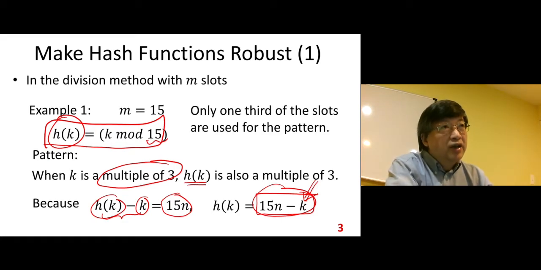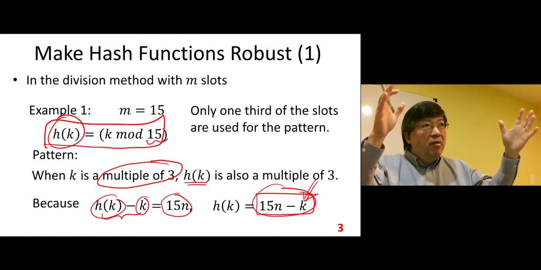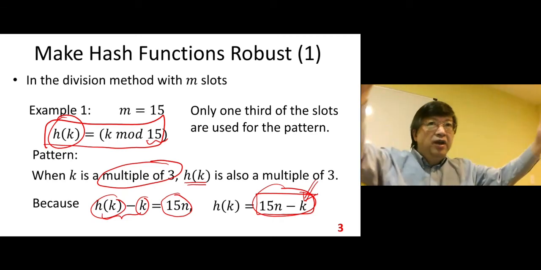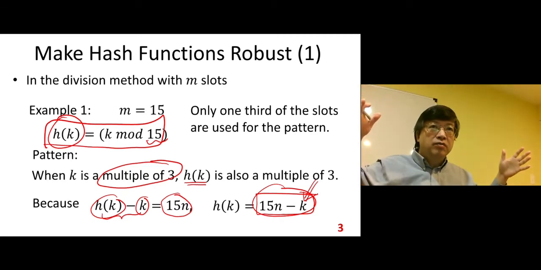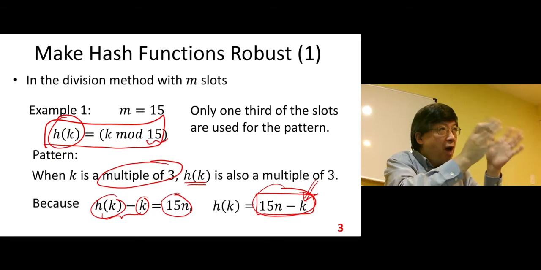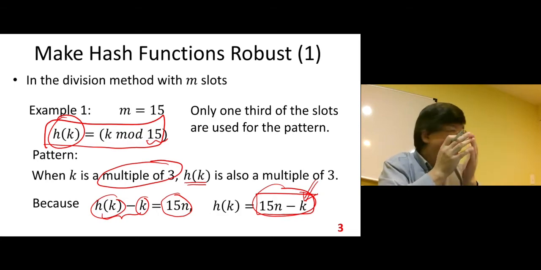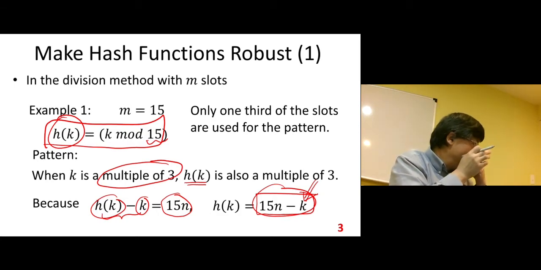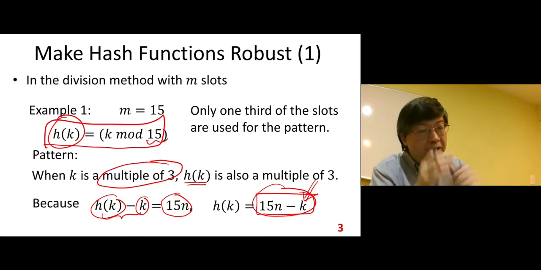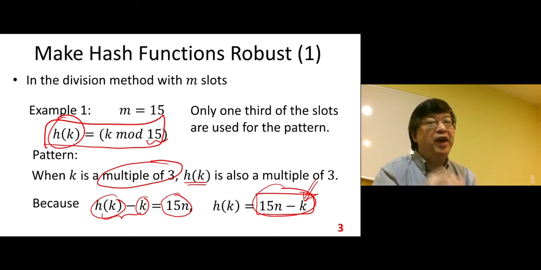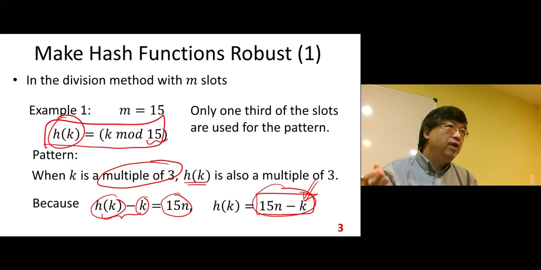So that means among those 15 slots, only the slot numbers that are multiples of 3 could be used to store the data. That's 1/3 of the slots.